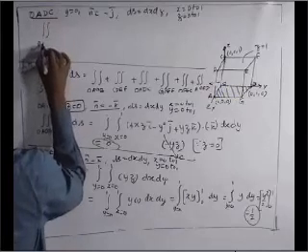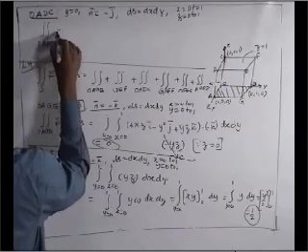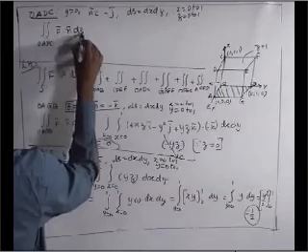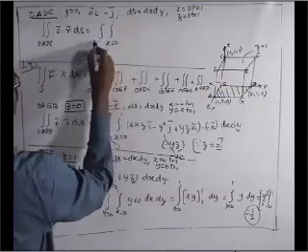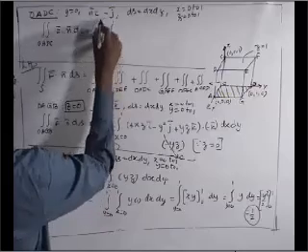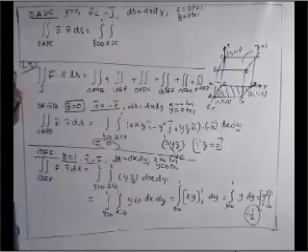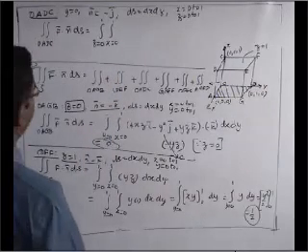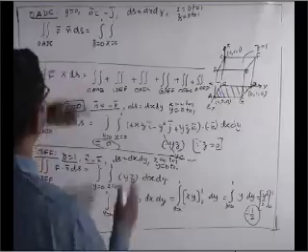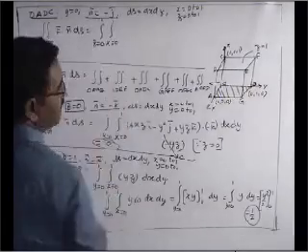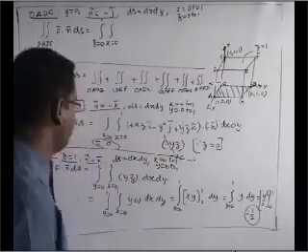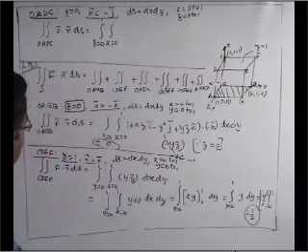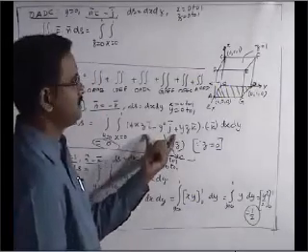Double integral over OADC of f dot n ds is equal to, limits 0 to 1 and z is equal to 0 to 1. f dot n, n is minus j. The value of n is minus j. So taking the dot product with minus j, what happens? F is here. This is my f.